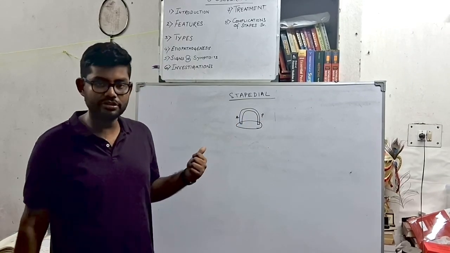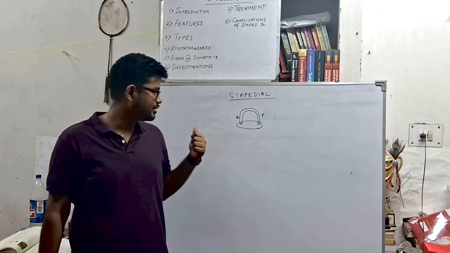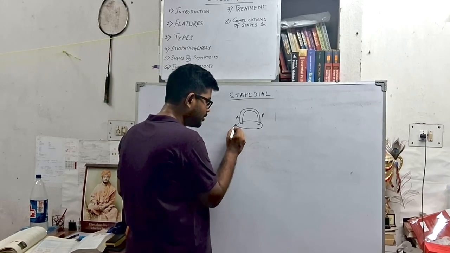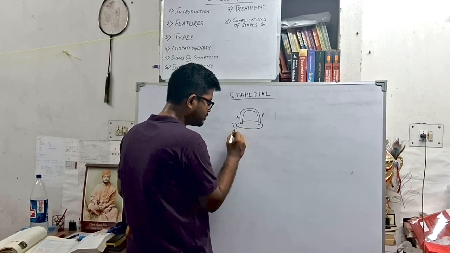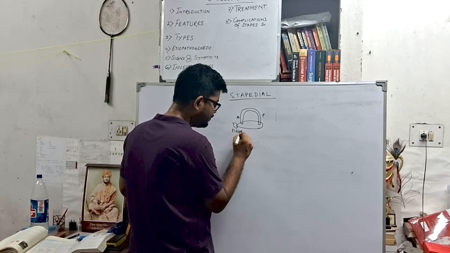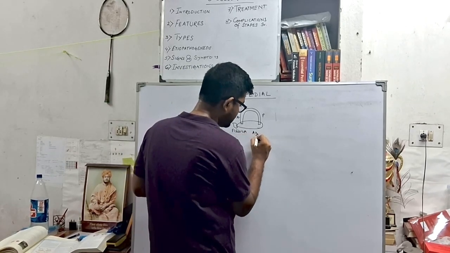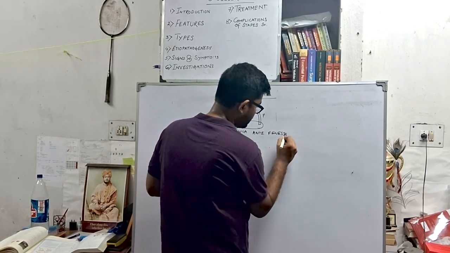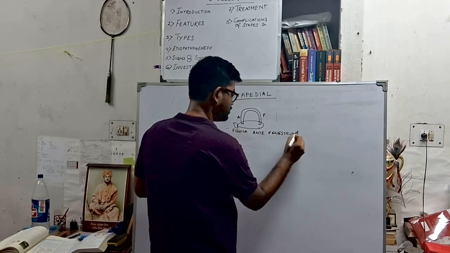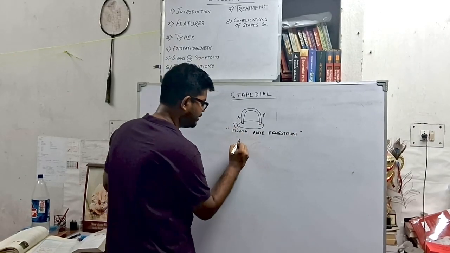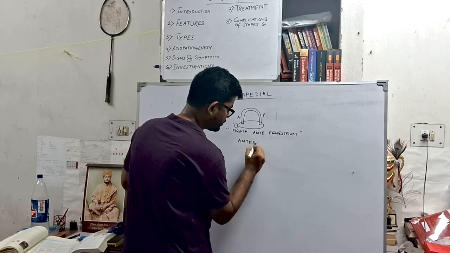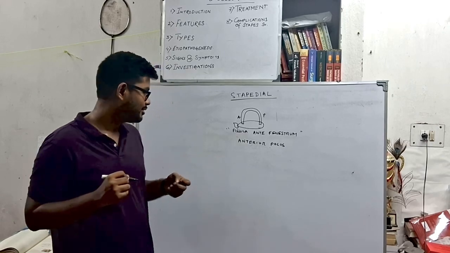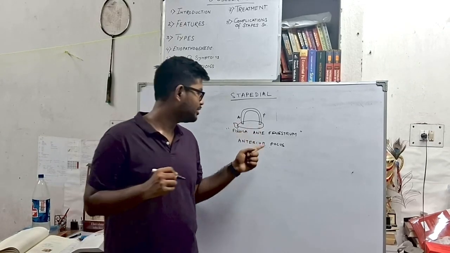The commonest region affected in stapedial otosclerosis is a region just anterior to the footplate, which is called the fissula ante fenestram, also called the anterior focus. This is the commonest type of stapedial otosclerosis.